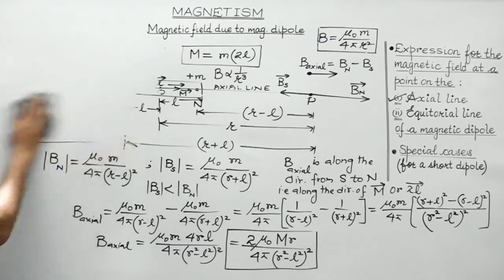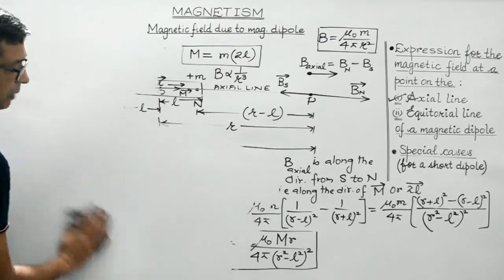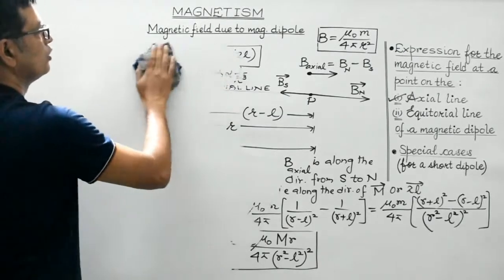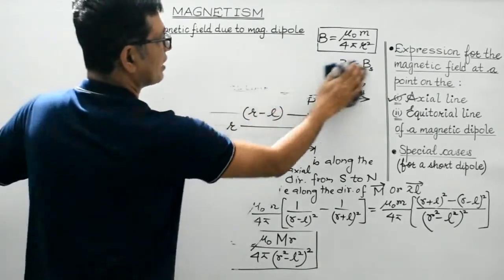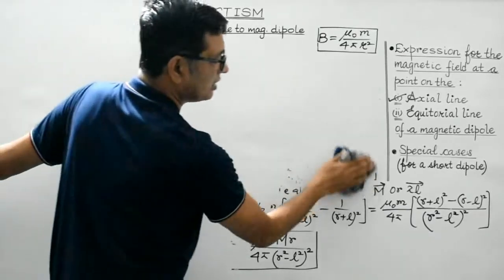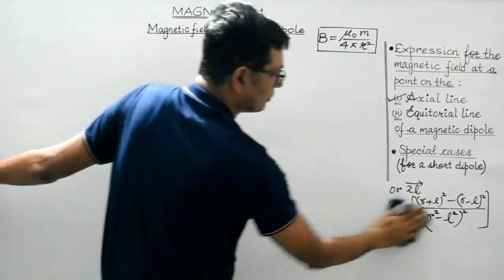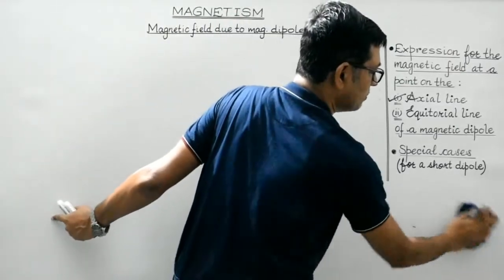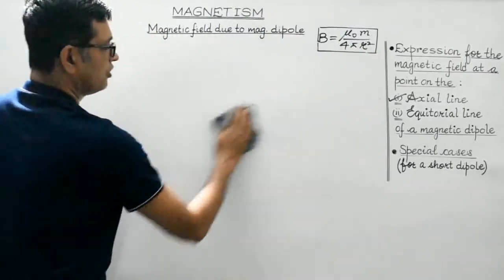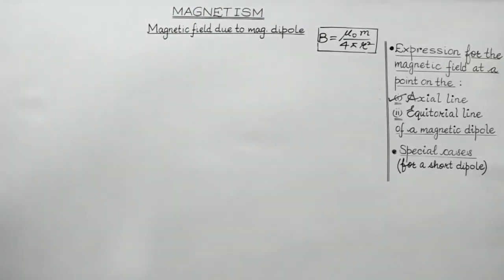As you are aware, the equatorial line is basically the right perpendicular bisector of the magnetic dipole. Again, in this article we are supposed to find the expression for the magnetic field, and we will discuss its direction along with the special case, that is for the short dipole.